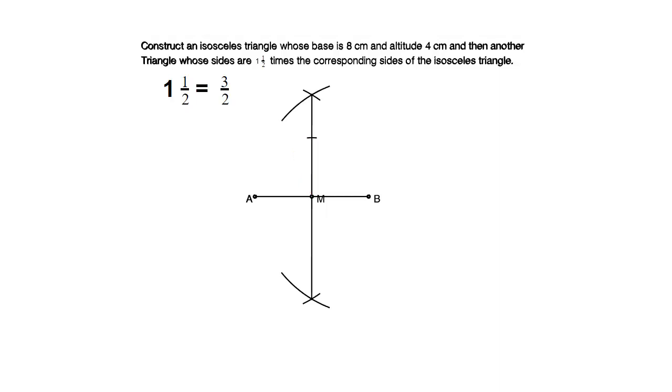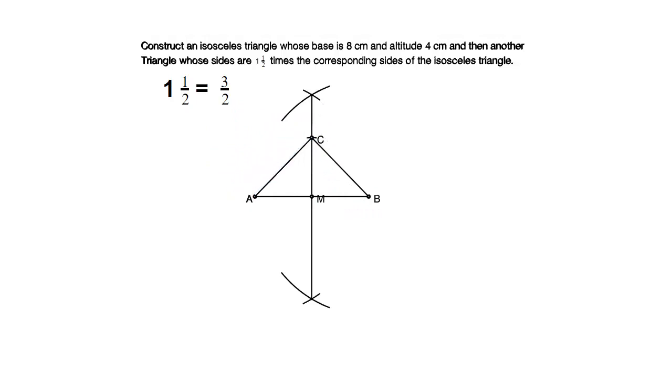Now let us name the intersection point of the bisector and the arc that you have just drawn as C. Now let us join the points B and C to get a line. In the same way, let us join the points A and C to get a line here also.